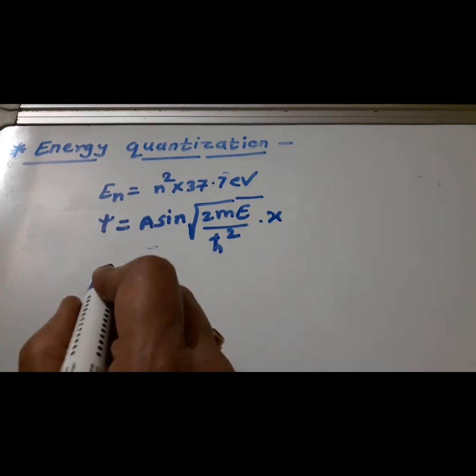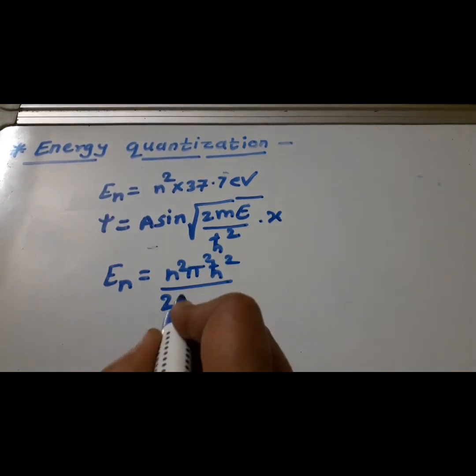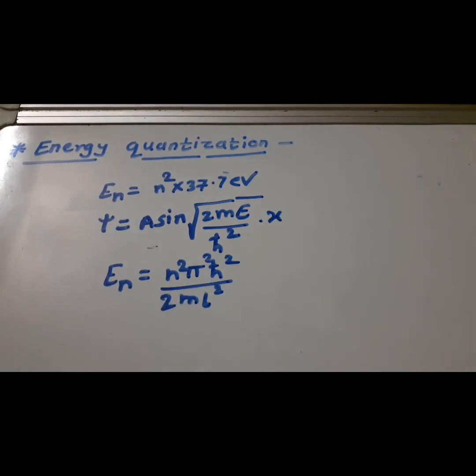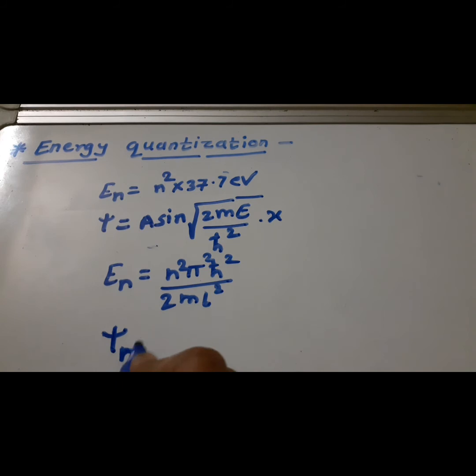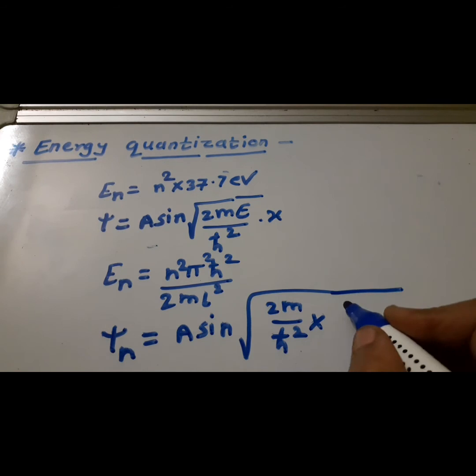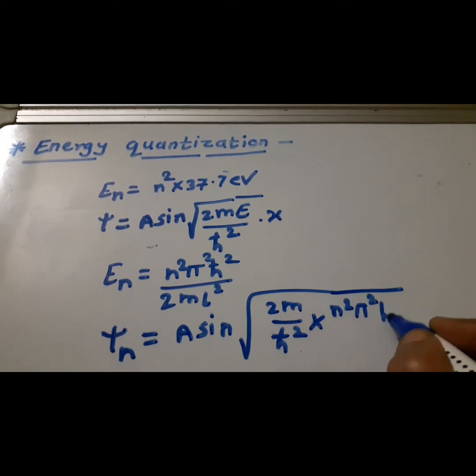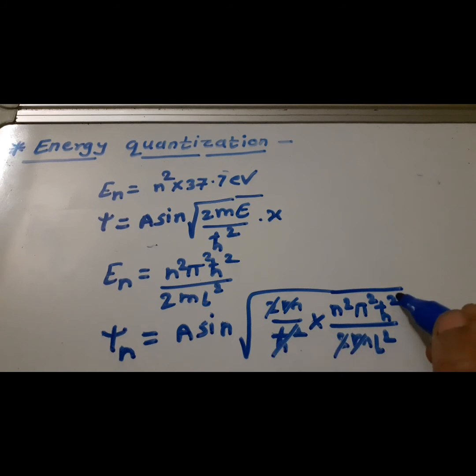Since the possible energy values are En equal to n squared pi squared h cross squared divided by 2mL squared, substituting the value of En, we get psi n equal to A sine of the square root of 2m upon h cross squared into En, that is n squared pi squared h cross squared divided by 2mL squared.